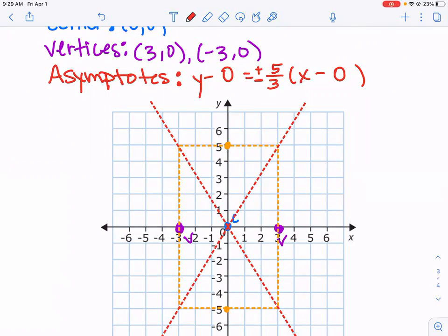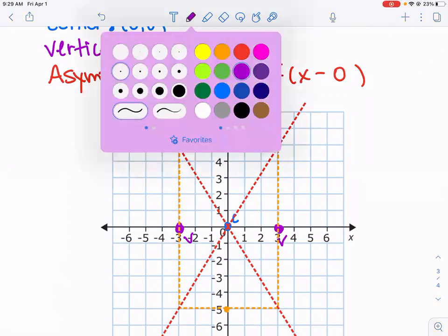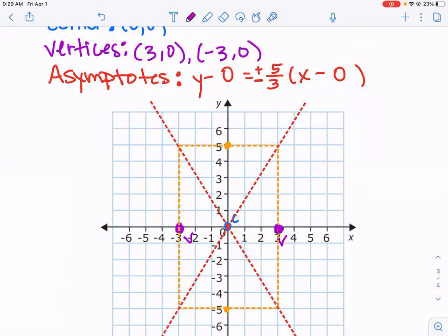So I'm just going to write two equations in one, okay? One slope is going to be the exact opposite of the other. So if one's 5/3, the other one's -5/3, okay? So our two asymptote equation lines are going to look like this. Hard part's over, okay?